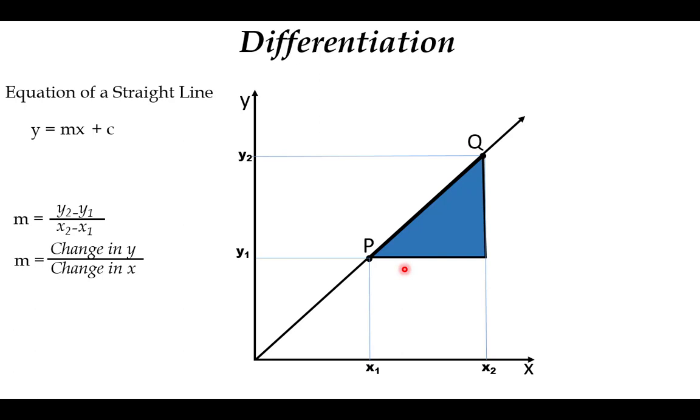So we can now rewrite this slope as m is equal to dy over dx, meaning that the slope of our straight line is the differential of y with respect to x, which will still give us our slope.